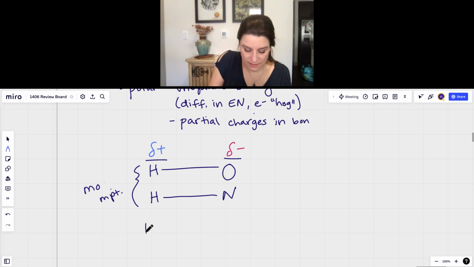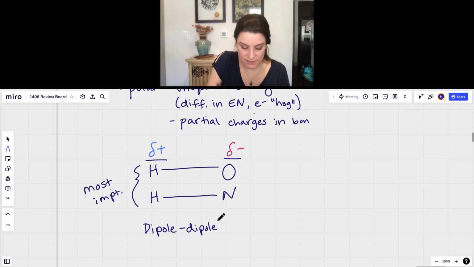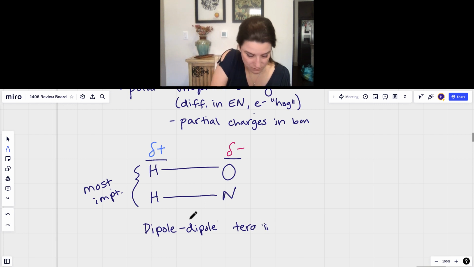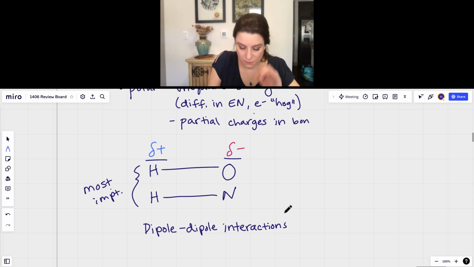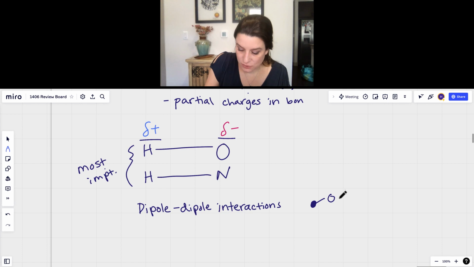So what these guys lead to are dipole-dipole interactions, which are due to the opposite charges. Now, it's not within a bond, but it's between molecules now. Okay, so for example, you have a molecule here, and part of it is a hydroxyl group, so an OH group.